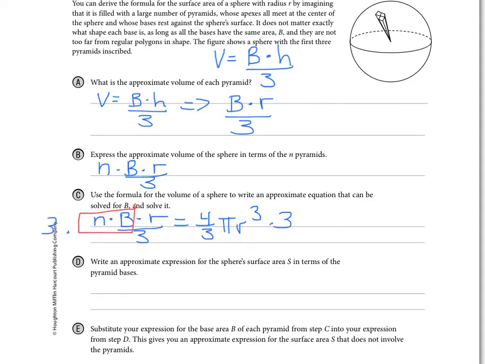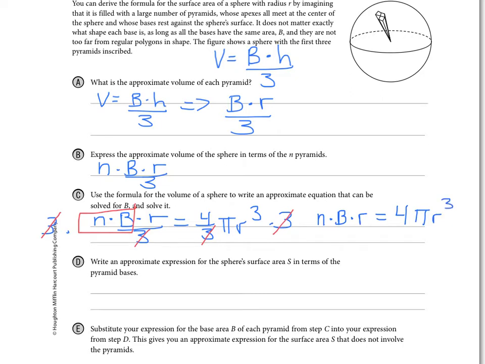And that will cancel out my denominators. And then what I will be left with at that point is n times b times r is going to equal 4 pi r cubed.